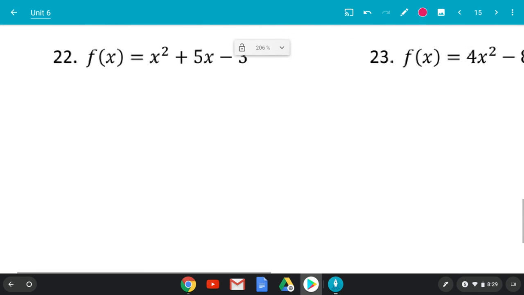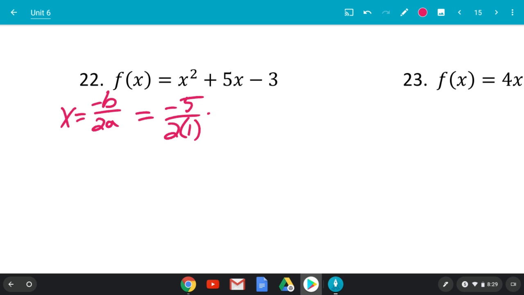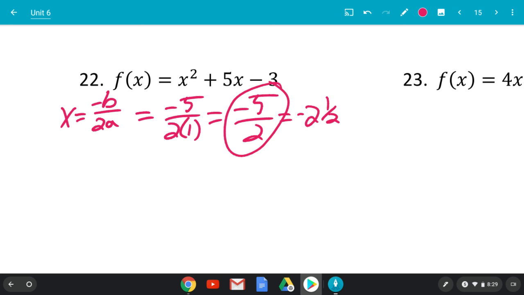Moving on, number 22. X is negative b over 2a. So it's negative 5 over 2 times 1, which is negative 5 halves. If you don't like improper fractions, it's also negative 2.5, but negative 5 halves is perfectly fine.